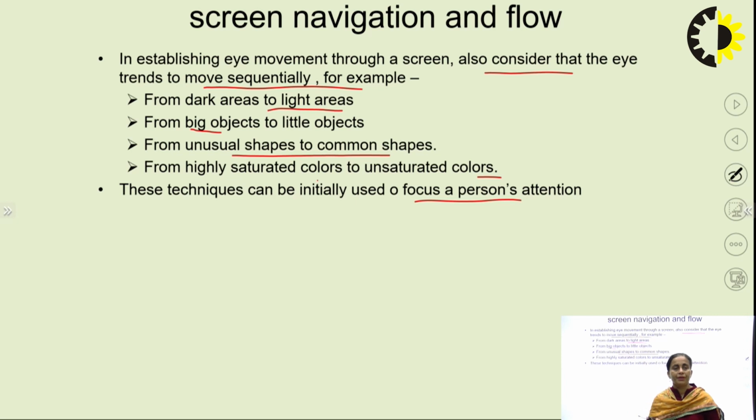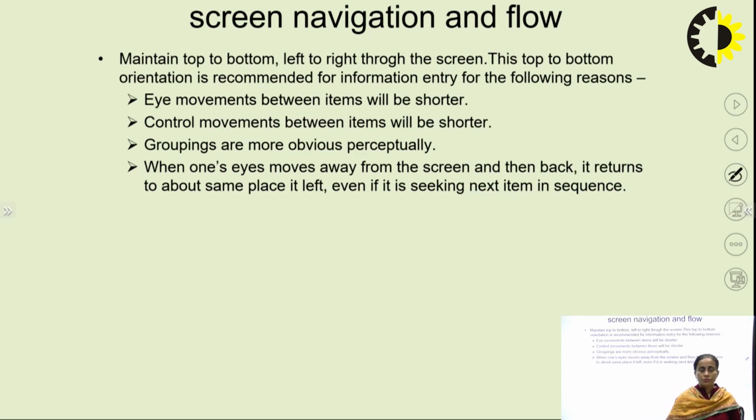This is the human eye behavior. So we should maintain a top to bottom strategy and then left to right through the screen. This top to bottom orientation is recommended for information entry for the following reasons. The eye movements between the items will be shorter, control movements between the items will be shorter, and groupings are very obvious.